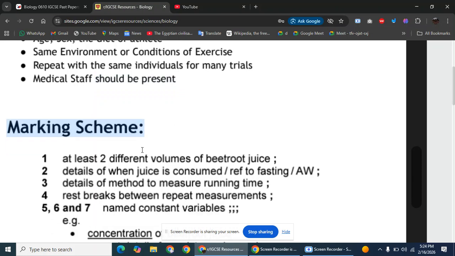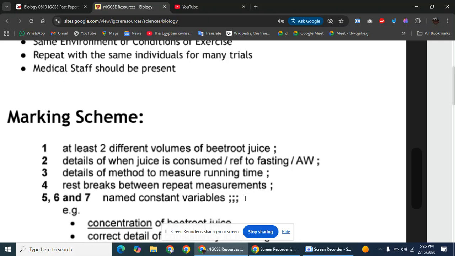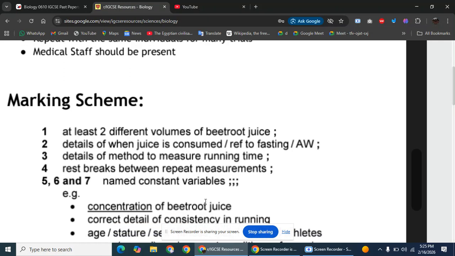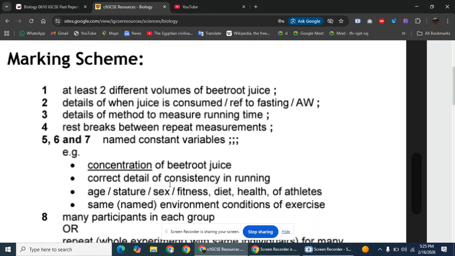Marking scheme. At least 2 different volumes of beetroot juice. Details of when juice is consumed. Reference to fasting or any other wording. Details of the method to measure running time. Rest breaks between repeat measurements. Named constant variables like concentration of beetroot juice. Correct details of consistency in the running.